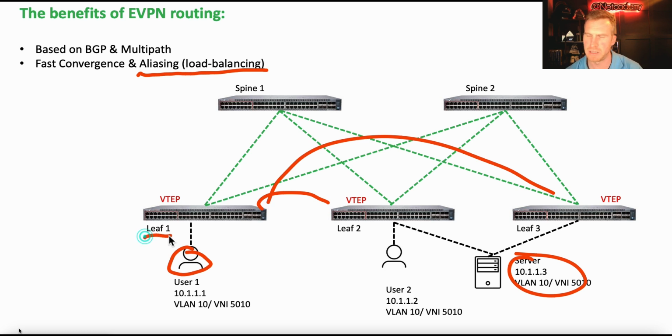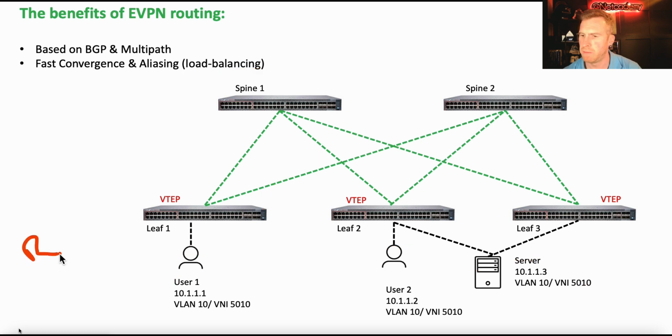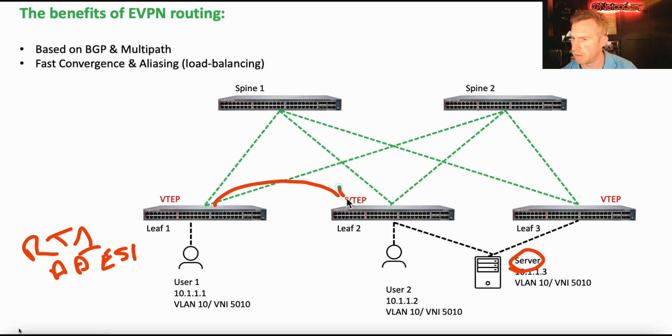But leaf 1 needs to know, and leaf 1 cares about where it's going to route those packets from user 1 if it wants to communicate to this server. And leaf 1 knows via the route type 1, the auto discovery ESI, the Ethernet segment identifier, that to get to this server, it can go via VTEP 2, leaf 2, or via leaf 3.